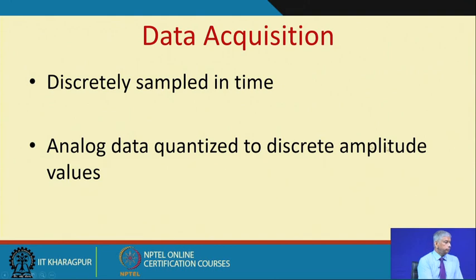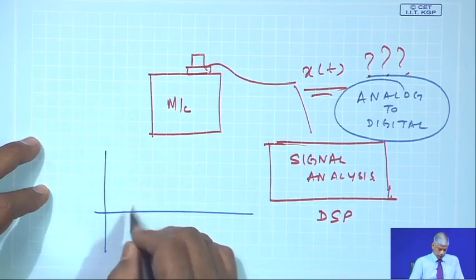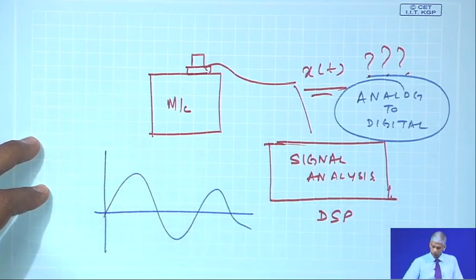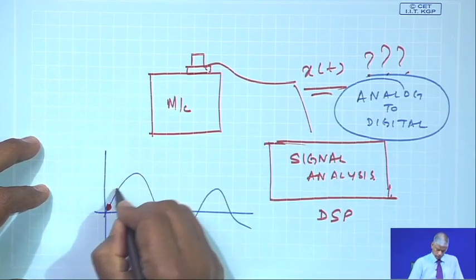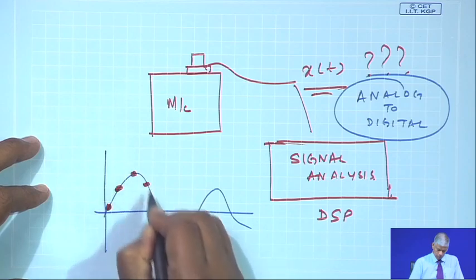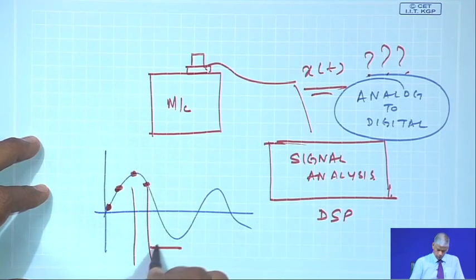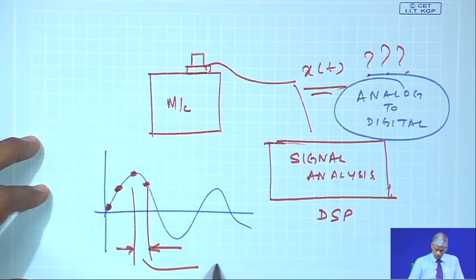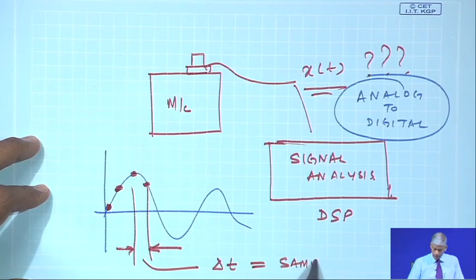So, data acquisition is values which are discretely sampled in time. Discretely means there is a definite time interval between the signals. So, this delta t is known as the sampling interval.